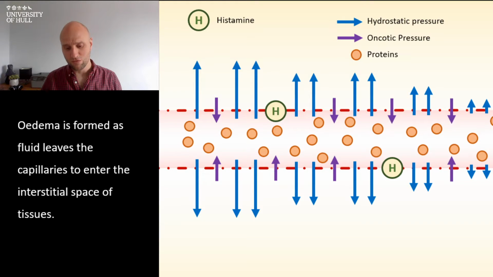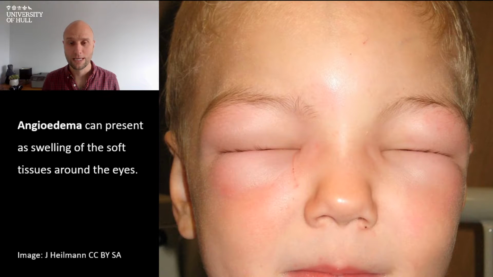So that's the fluid that surrounds the cells, in the tissues, and much more fluid leaves the capillaries than is then reabsorbed by osmosis and that oncotic pressure that's provided by the proteins within the blood vessels.